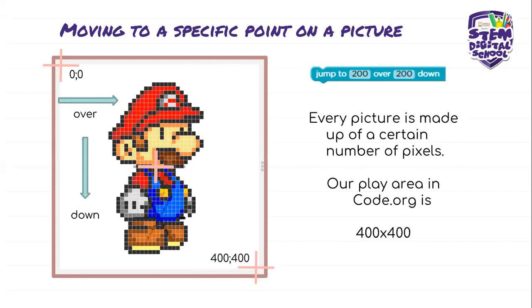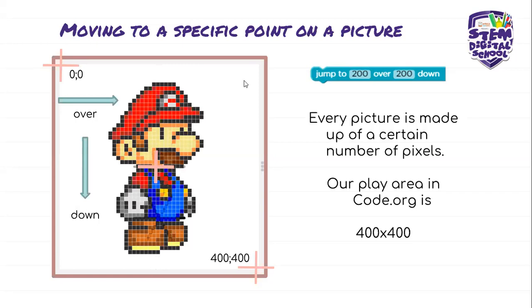On this side we have 200, and this side we have 200, and from the top we'll have 200 to the middle and another 200 down. So 200 by 200 will put us exactly in the middle of our image. I hope that explains what the jump to 200 over and 200 down will be. And we can change that number to anything.